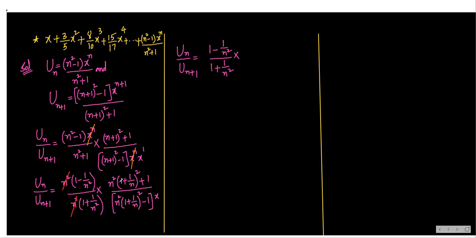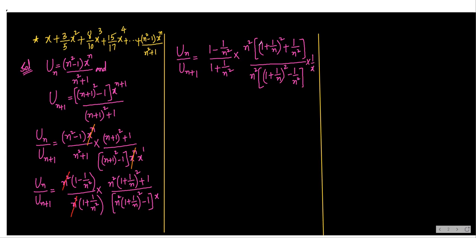Into, taking n square common from all of this, 1 plus 1 by n whole square plus 1 by n square, divided by 1 plus 1 by n whole square minus 1 by n square, multiplied by 1 by x.